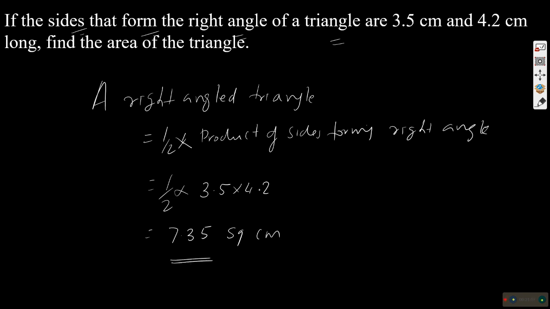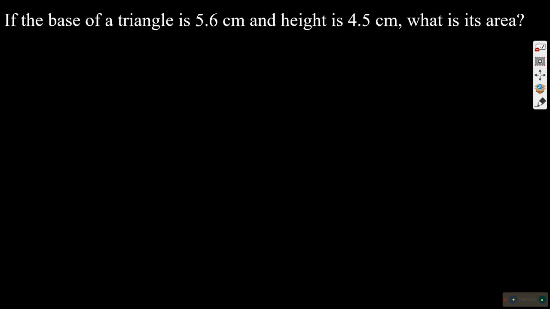Simple application of it. Very rarely you will get a simple question like this. If the base of a triangle is 5.6 centimeter and height is 4.5 centimeter, what is its area? Again, base is given, height is given. You are simply asked to find the area of the given triangle.